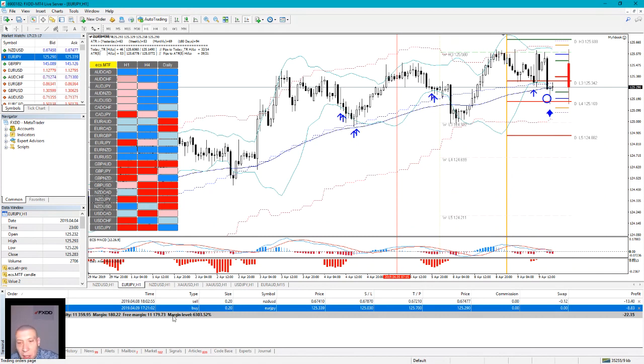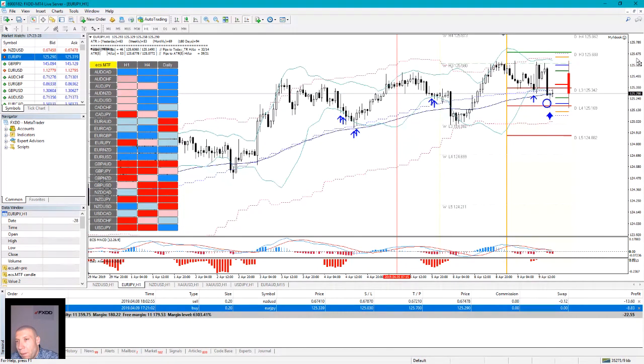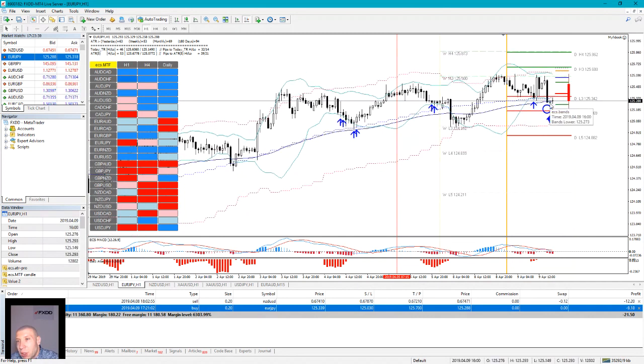I decided to go live with this because it looks tempting. T89 here, weekly H3 has been tested, weekly L3 also. So we might actually see a continuation, but it needs to close with an hourly candle above 125.34.